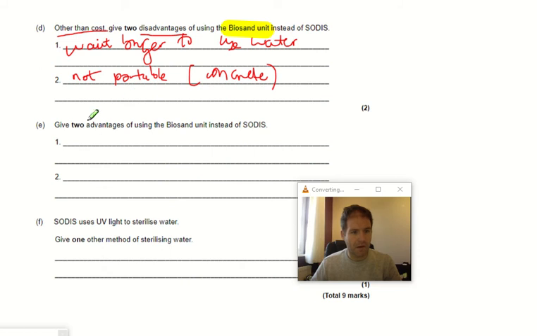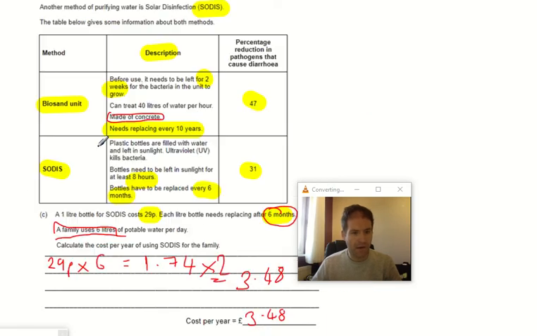Next question. Give 2 advantages of using the biosand unit instead of SODIS. So 2 advantages this time. Well, straight away, if we have a look at it, it can do 40 litres per hour, which is really good. And the other thing is maybe it's better at doing the job.